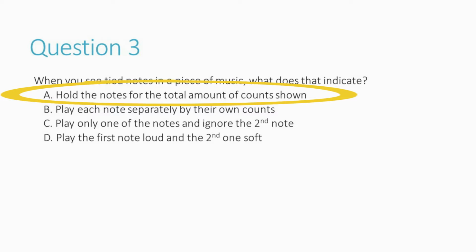For example, if there are two half notes and there is a tied note that is held between these two notes, we don't play them separately. Instead, we hold it for the total amount of counts shown. So half note gets 2 beats. So 2 plus 2 is 4. So we hold it for a total of 4 counts.